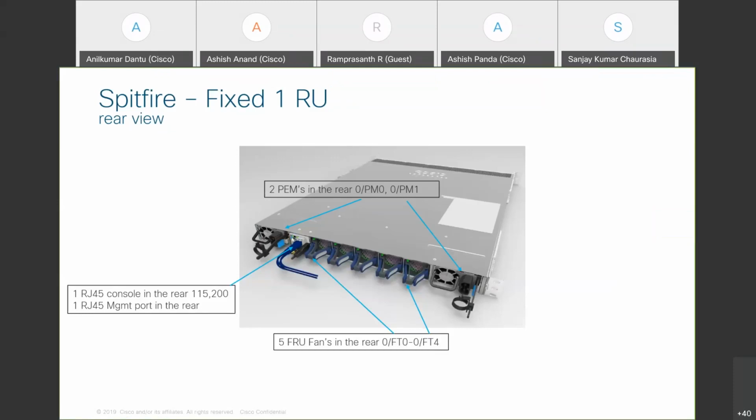These are the systems which are running 400 gig optics, so cooling is a critical requirement for the system. If you lose one fan, the system is still fine. The other 4 fans are good enough to meet the cooling requirements of the system. But if you lose 2 fans out of 5, then the system will shut down gracefully within 2 minutes. So there is one restriction on it.